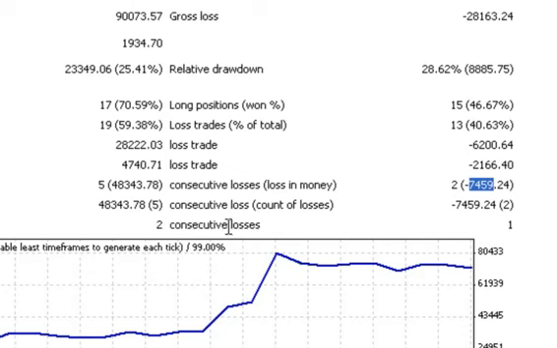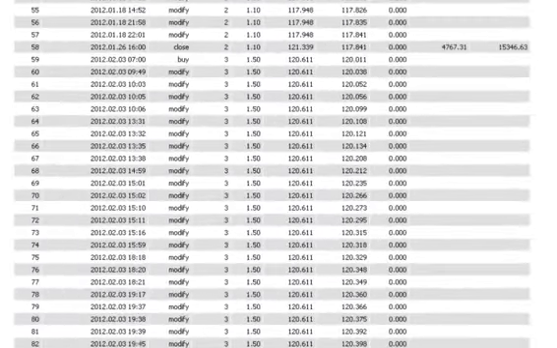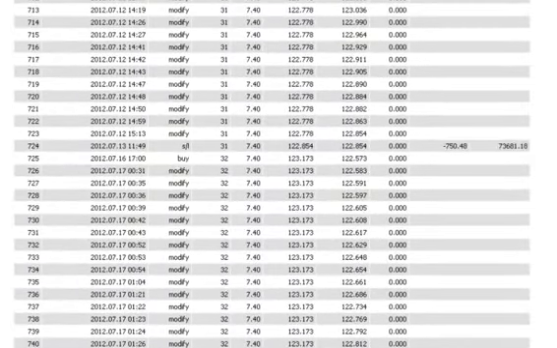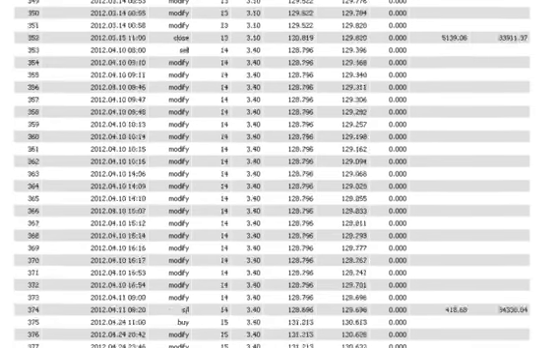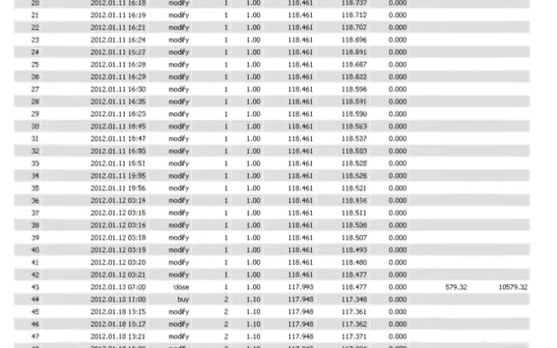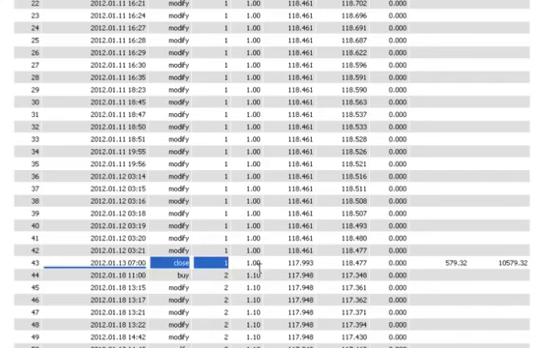Well, what you've got to work out is that these are based on averages, and if we have a look right down here, we've got a lot size of 7.4. So therefore, when we lose, we're going to lose a whole lot more than when the lot size is 1.